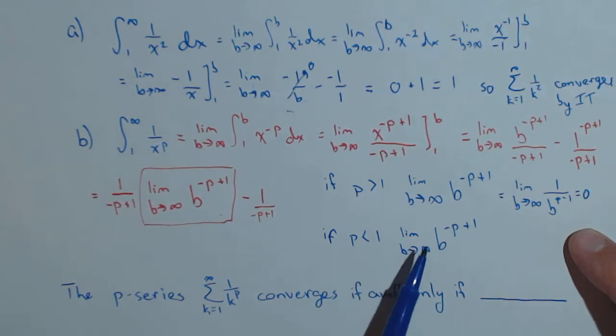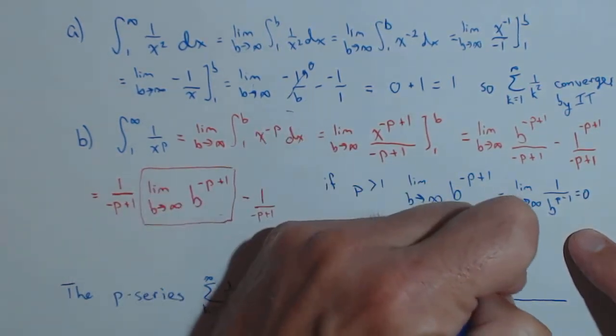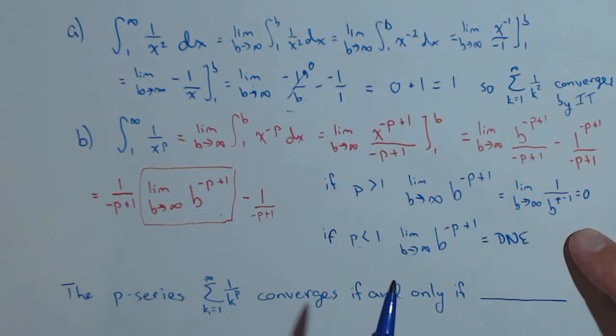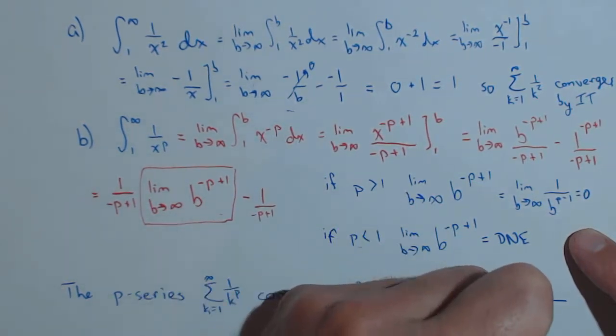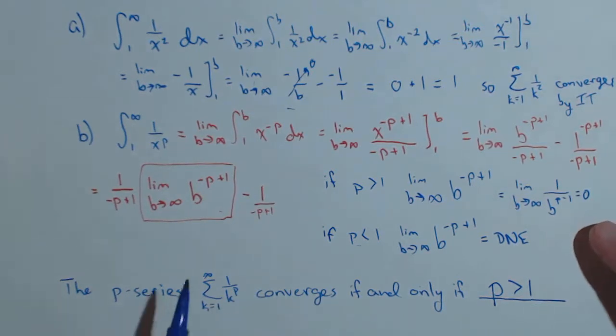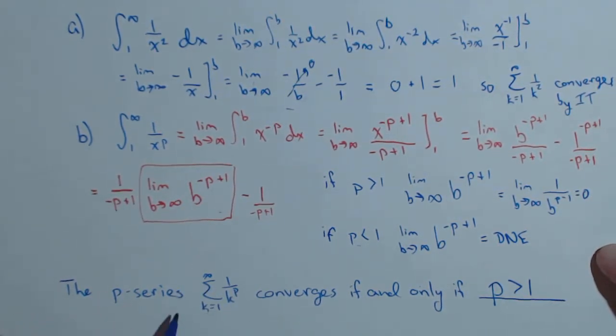So if p is less than 1, we're always going to have an increasing function here. In this case, the limit does not exist, or we could say it's infinite. Thus, the p-series converges if and only if p is greater than 1. And that's going to be a test that we can use from here on out. If we have a series of this form, we can say it's a p-series, and we know it converges if p is greater than 1.